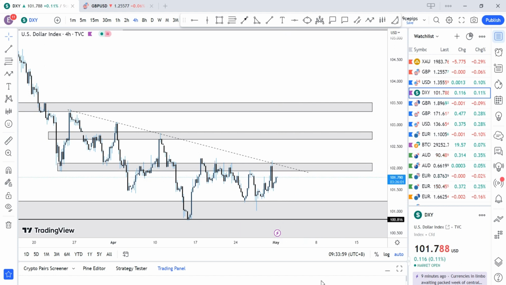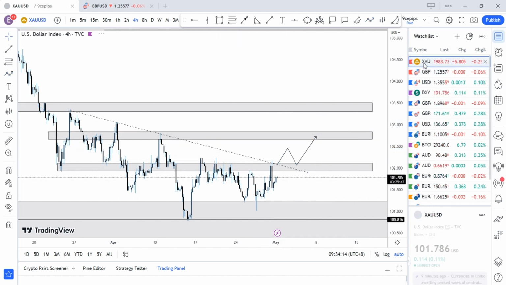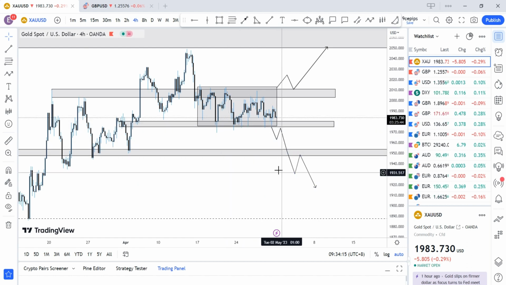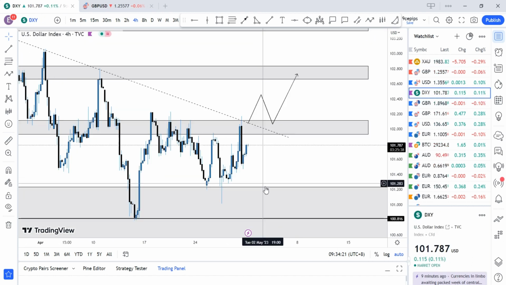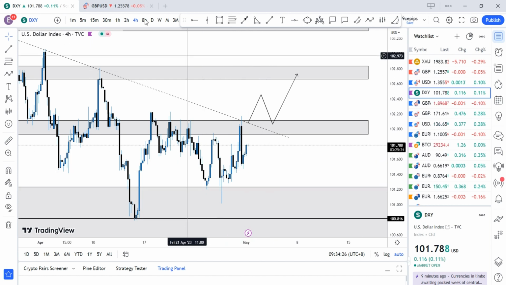So my anticipation is for a drop, but we can't give the market 100%, right? We might actually see a breakout of this region. Until price breaks above these regions, we won't say the DXY is strong, and if the DXY is strong, then we might anticipate a very strong bearish trend here on gold. Back on DXY, my major anticipation is for continuous bearish movement to the downside, right?